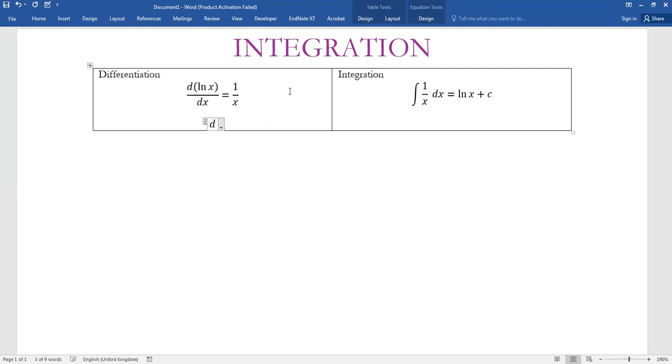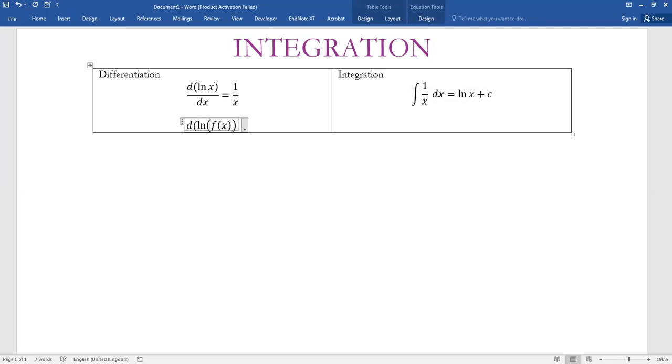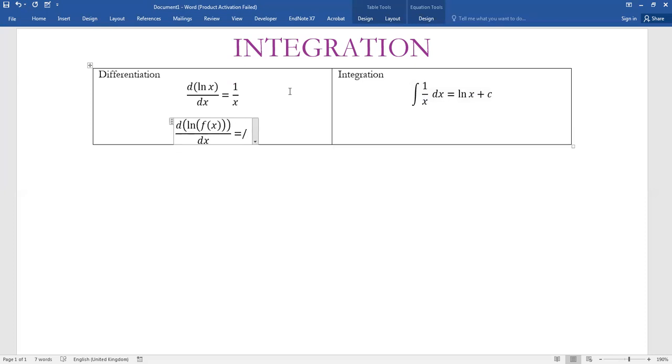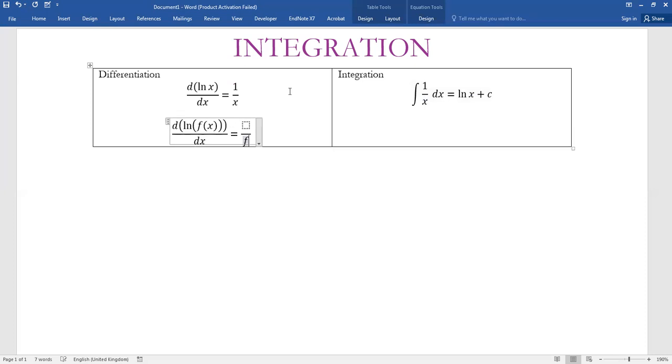Again, if we were to integrate ln of a function as an input, how did we differentiate it? The derivative of the function upon the function. The function was in the denominator, and the derivative of the function was in the numerator, right?